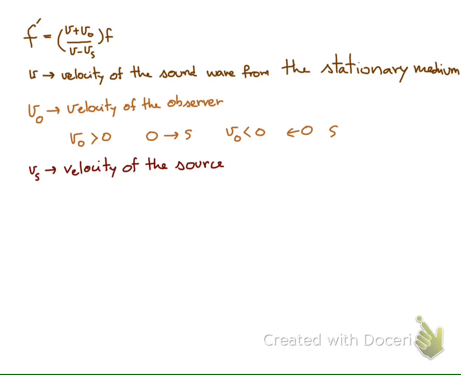Vs is positive if the source moves toward the observer, and Vs is negative if the source moves away from the observer.